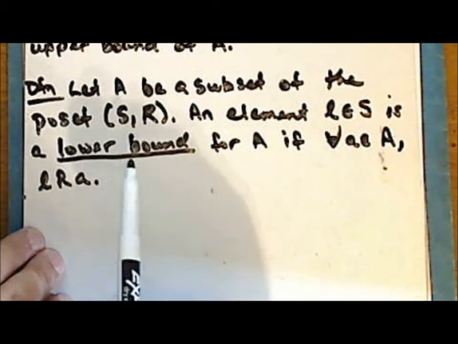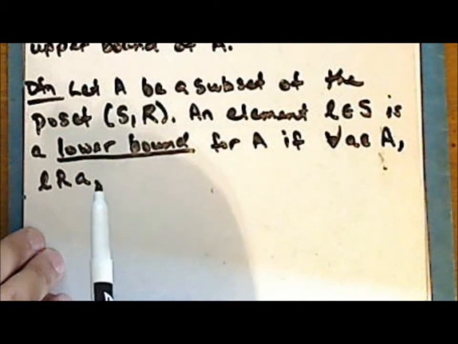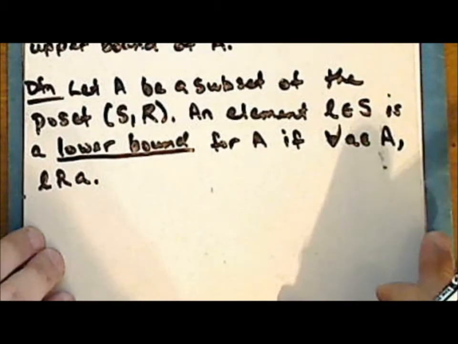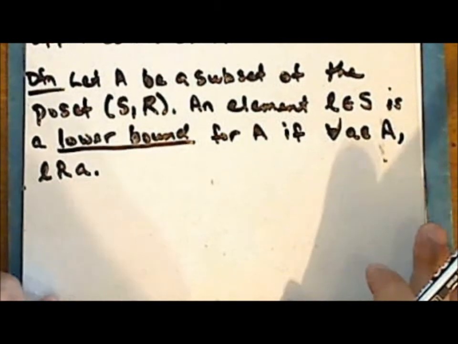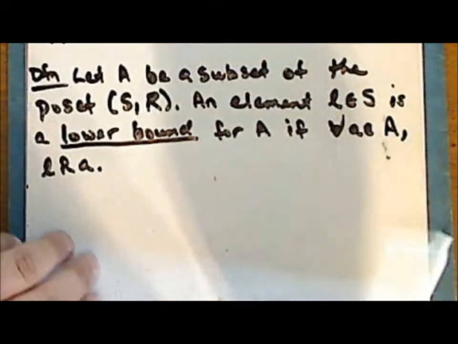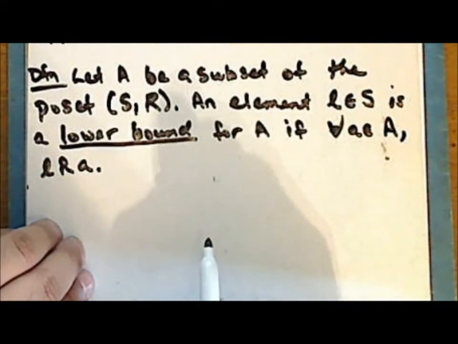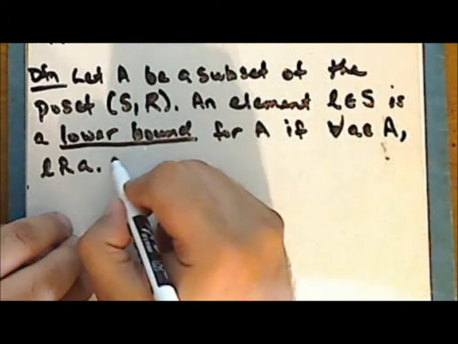Once again, a given subset can have multiple lower bounds. There can be many lower bounds. So we look for the greatest of these, and we call this the greatest lower bound.